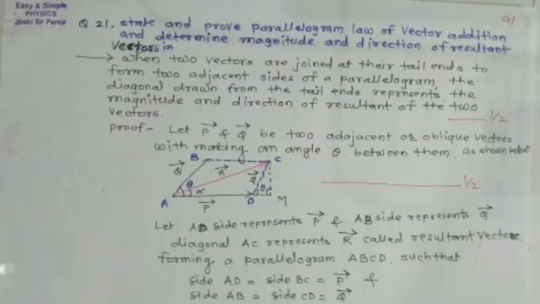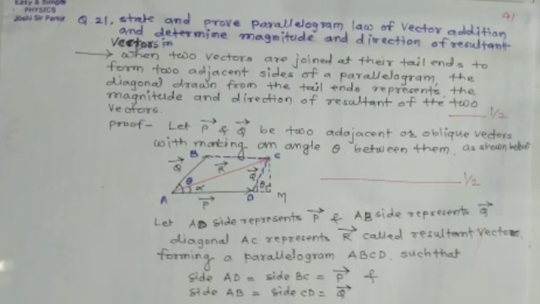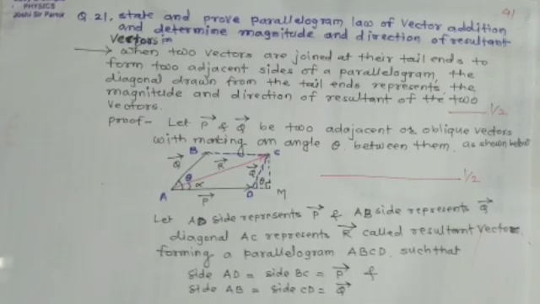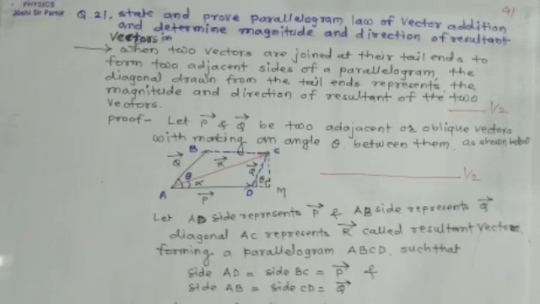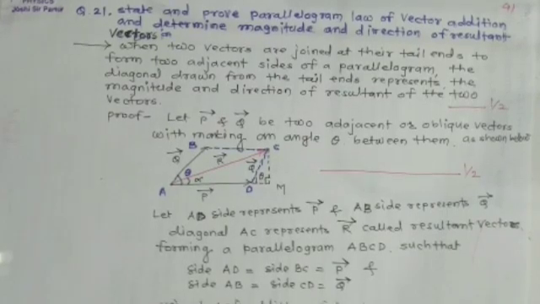We see question number 21. State and prove parallelogram law of vector addition and determine magnitude and direction of resultant vectors.